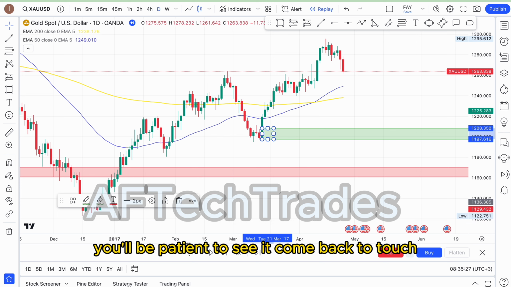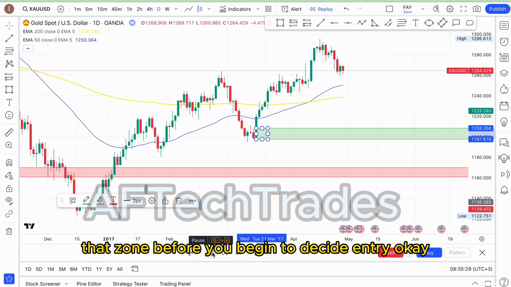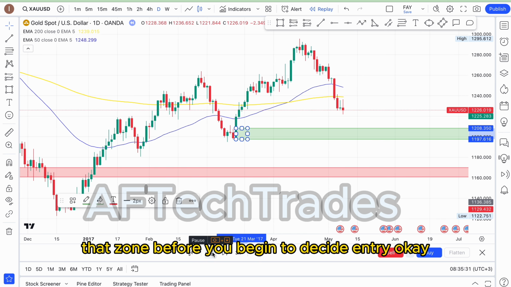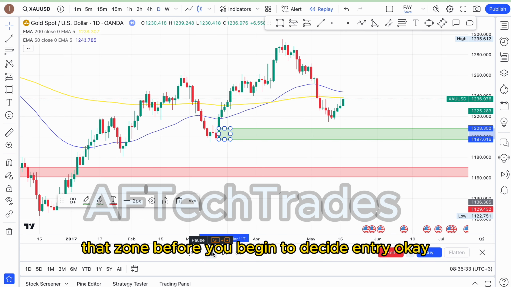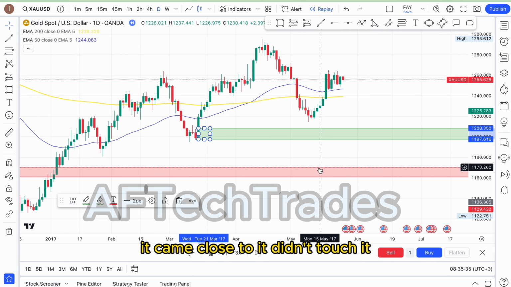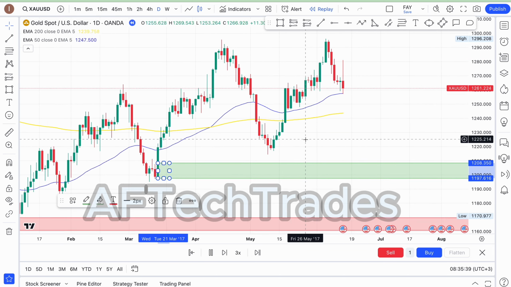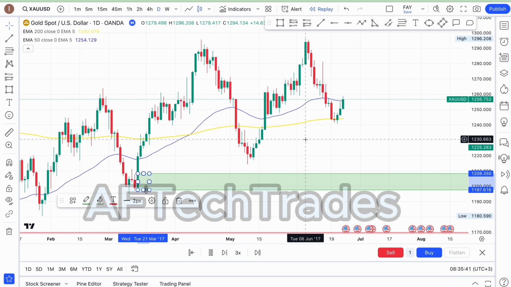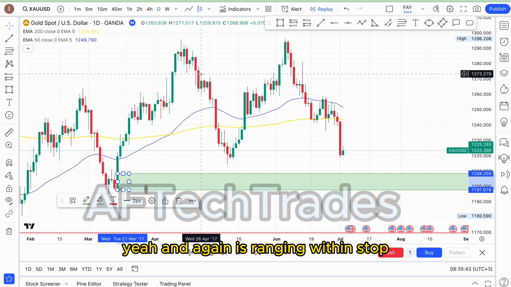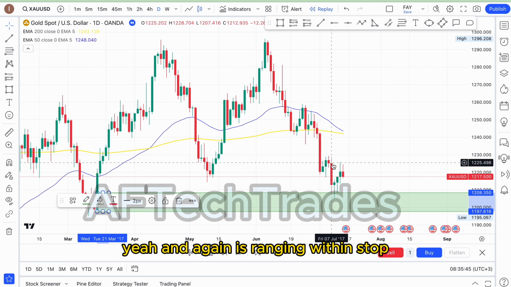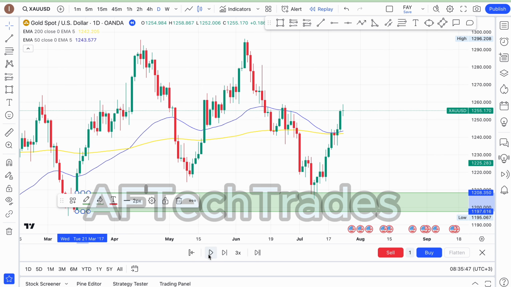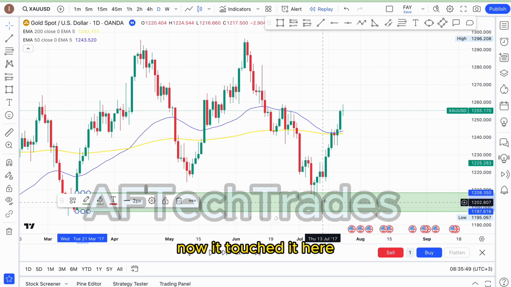You'll be patient to see it come back to touch that zone before you begin to decide entry. Okay, it came close to it, it didn't touch it. Yeah, and again it's ranging. Now it touched it here.